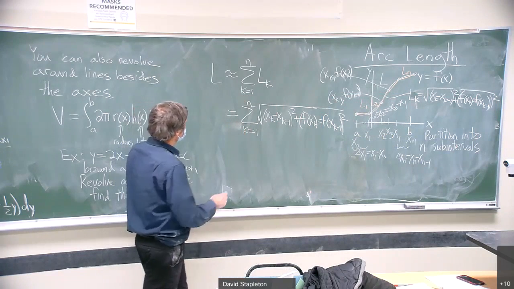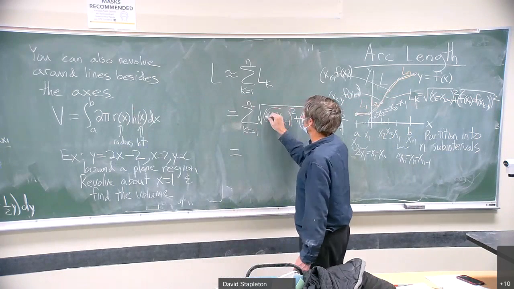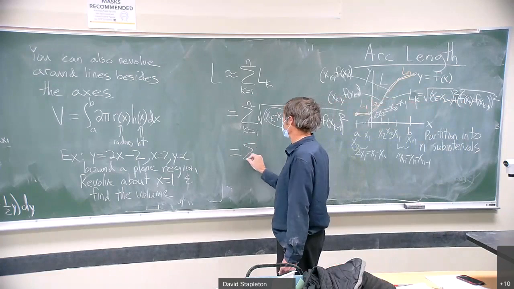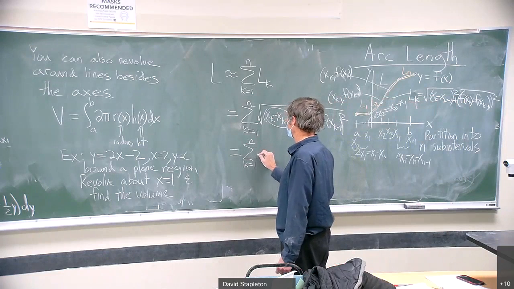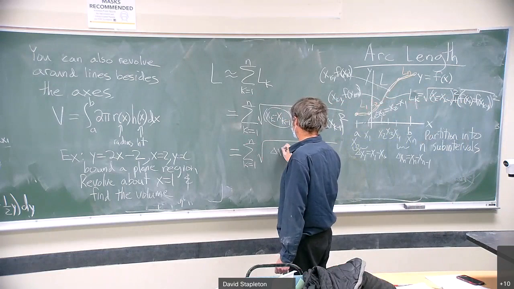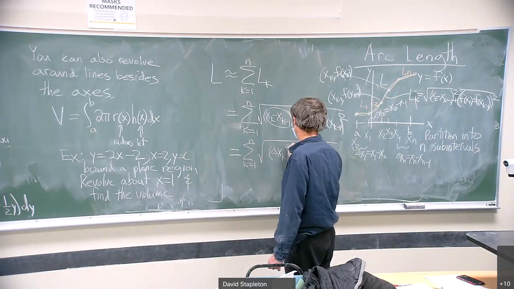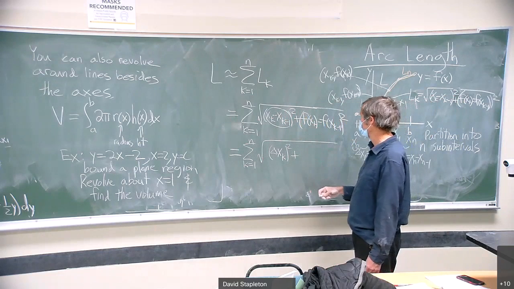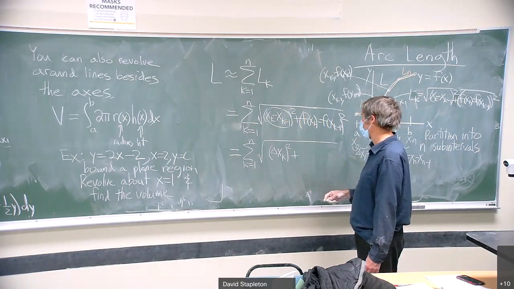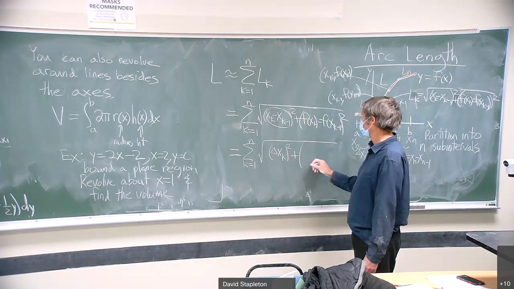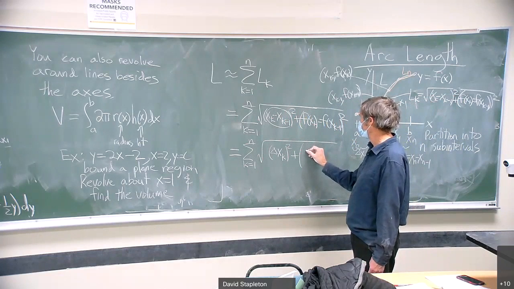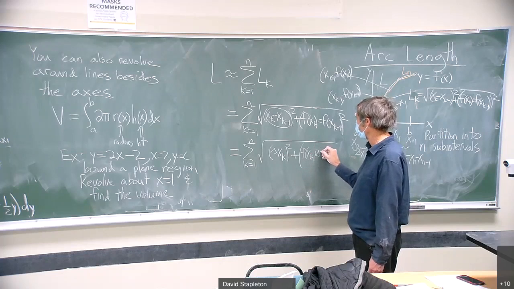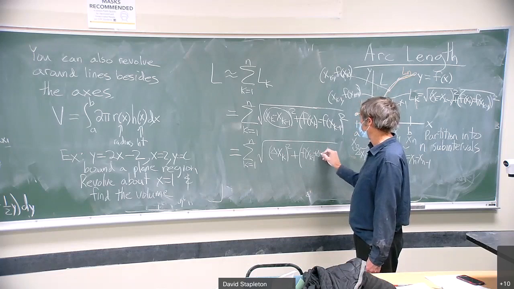Well, we can do a little trick here. Remember, xk minus xk minus 1 is what we call delta xk. So this is the sum k equals 1 to n of the square root of delta xk squared plus f of xk minus f of xk minus 1 squared. And xk can also be written as xk minus 1 plus delta xk.